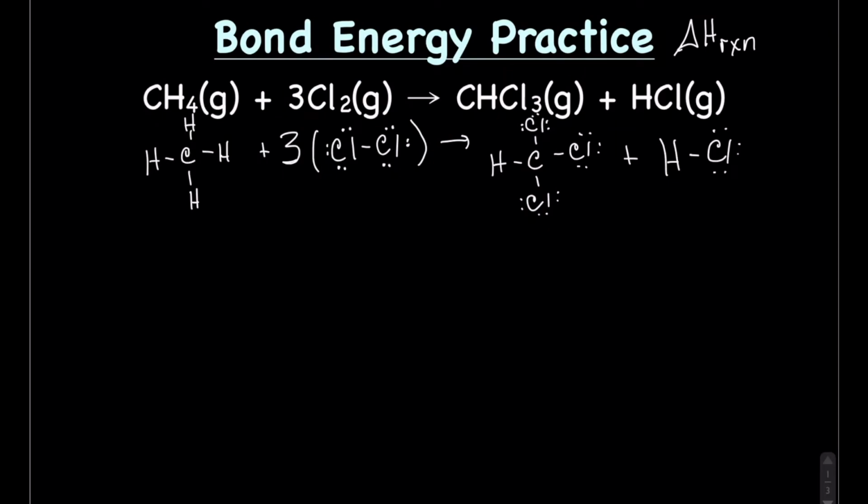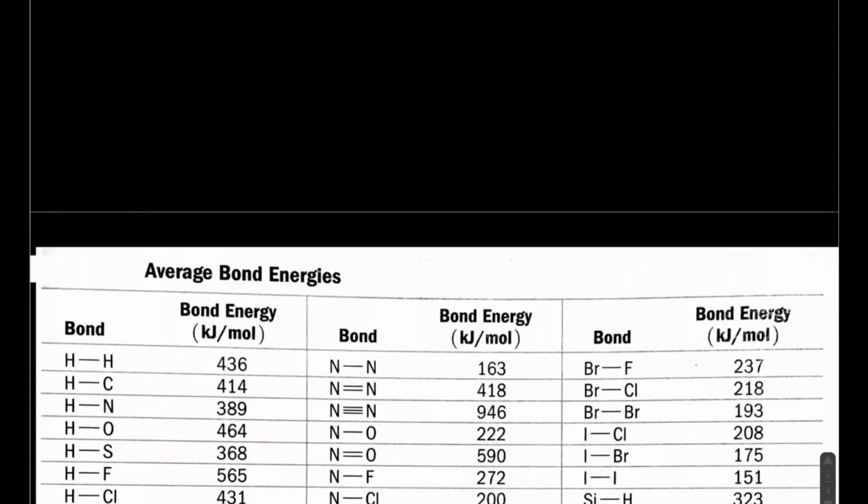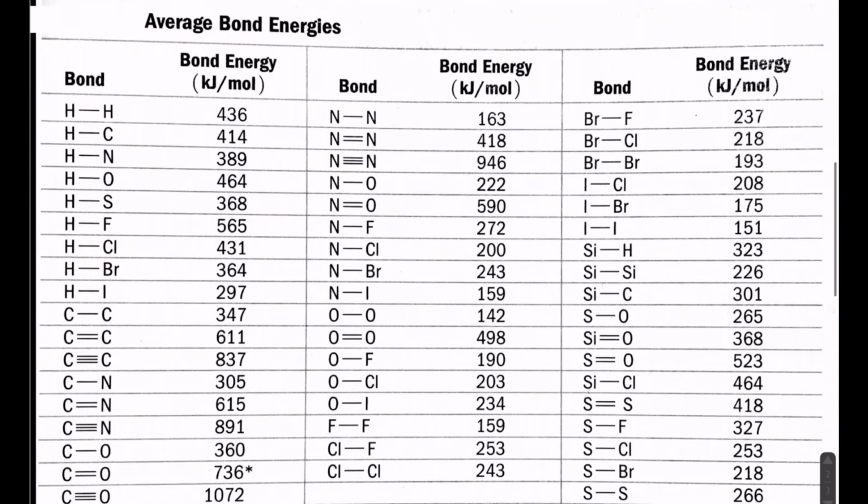So, starting with the reactant side, right here we have 4 CH bonds. So the question is, how much energy does it take to break a CH bond? We have a table for that right here.